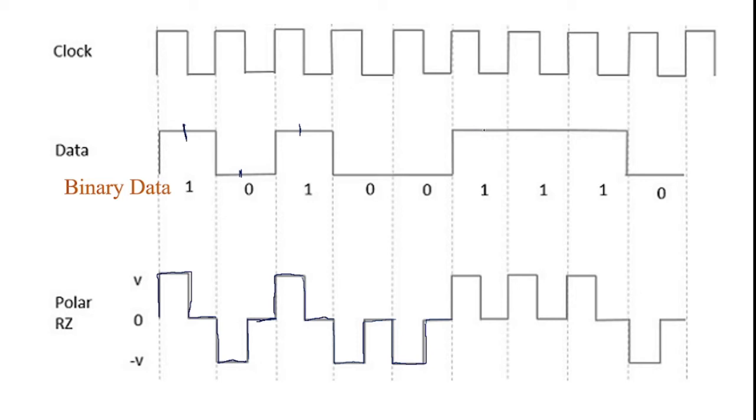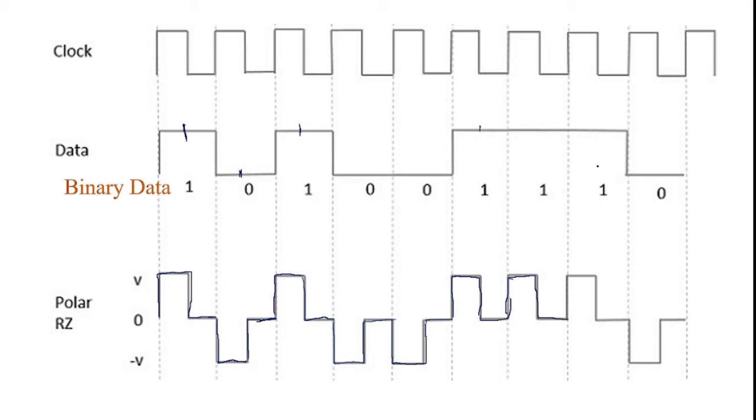And this is high in data. In this high in data, half of the bit duration remains high, and the remaining half of the bit duration is the absence of the pulse. And this is high in data, and half of the bit duration remains high, but it immediately returns to zero.